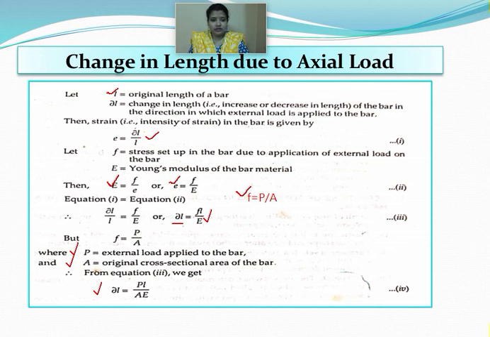Whenever you calculate the change in length for any cylindrical bar having axial load P, you can use del L is equal to PL by AE. So now let's have a look at the next slide.